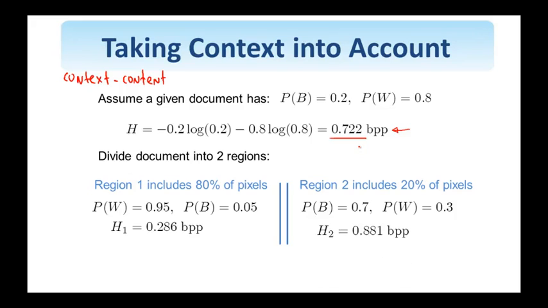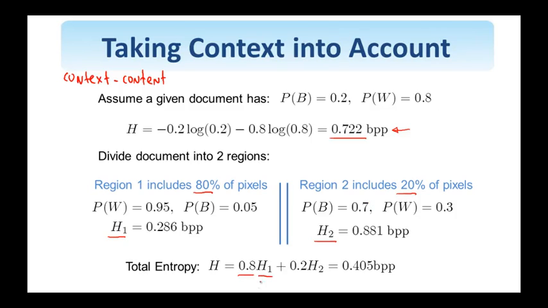Now, the total entropy of the source is the weighted sum of the two entropies of the regions, where the weights are proportional to the number of pixels in each region. So in other words, the total entropy is 0.8 H1 + 0.2 H2, and this is the resulting number.